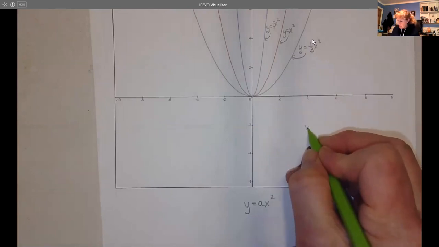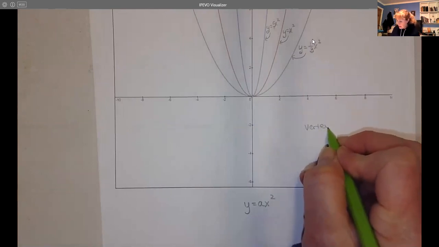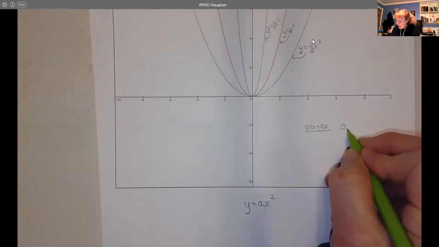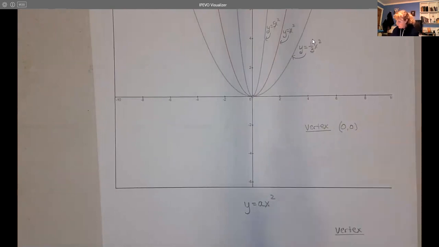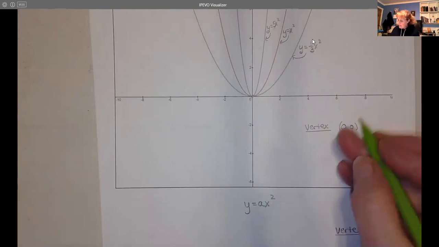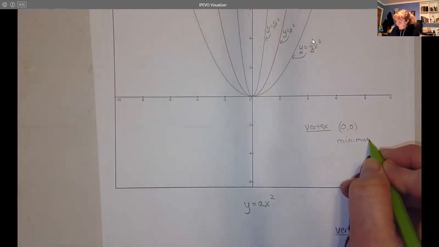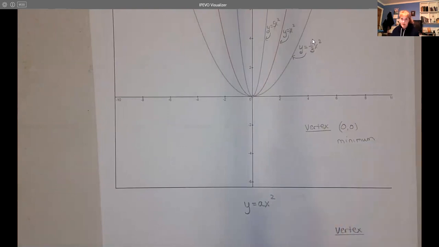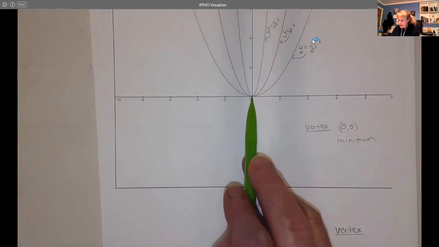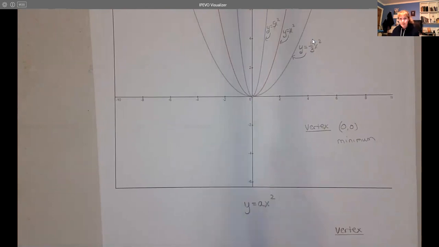So I'm going to write the vertex is 0, 0. All of these have a minimum. They all have a minimum of 0, 0. That's the bottom of the entire parabola.